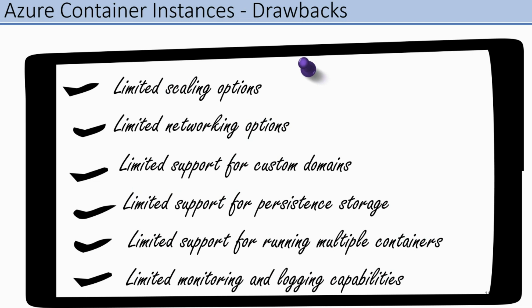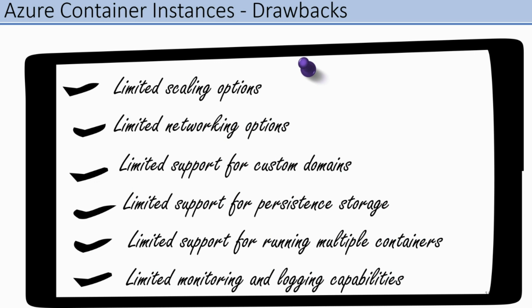The first one, limited scaling options. ACI currently only supports scaling up or down by manually adjusting the number of containers in the given deployment. Second one, limited networking options. ACI does not currently support advanced networking features such as load balancing and service discovery.